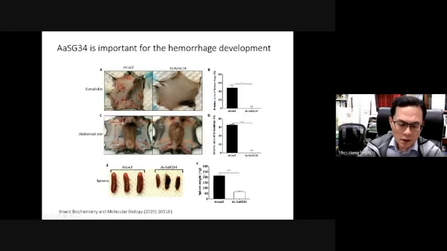So we want to investigate the effect of AASG34 on dengue virus transmission. So again, we're using this mouse model, the state 1 artificial mice.